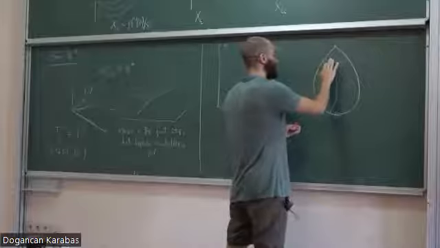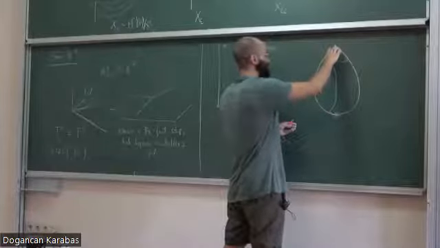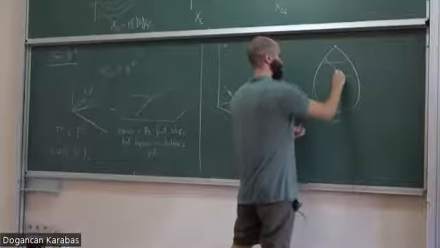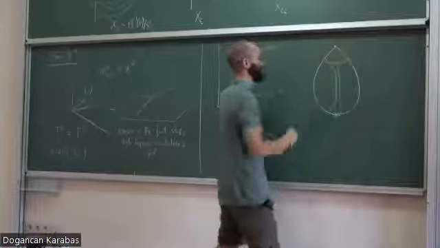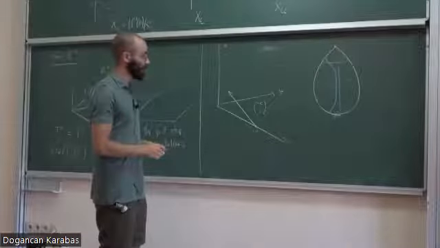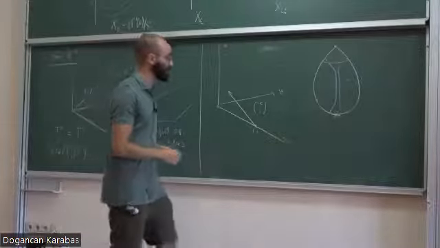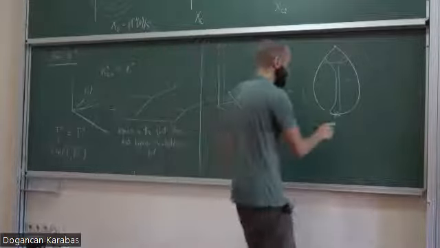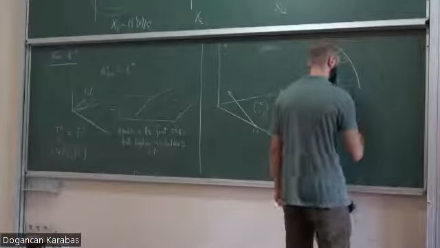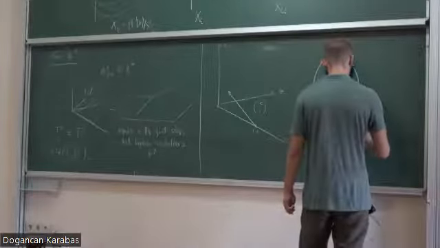I'm trying to give it the same area, so it looks a bit strange in the drawing. You can imagine it; it has to enclose this point and this point somehow. But this circle here, I can try to lift. And I claim that this lifts to an exotic torus.